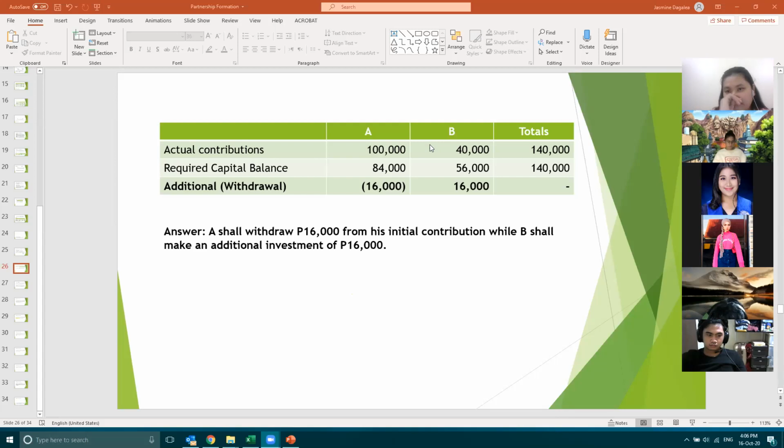Para ma-bring yung grades niyo pataas. Siyempre, maglo-long quiz din tayo, kasi 50% yun sa class standing. Tapos, short quiz, 30%. Tapos, 20% yung attendance, participation.